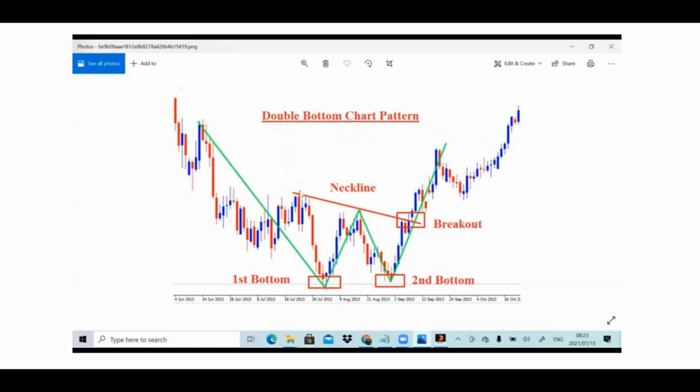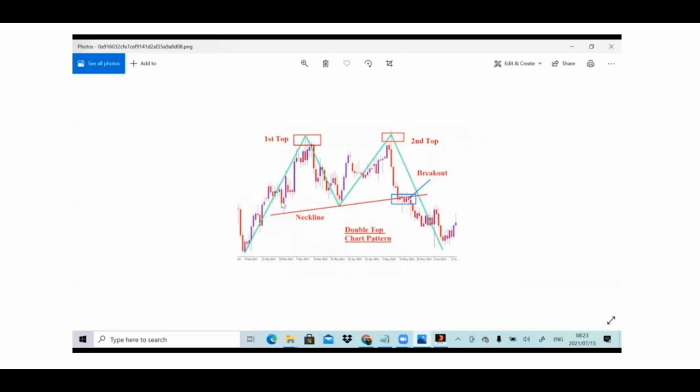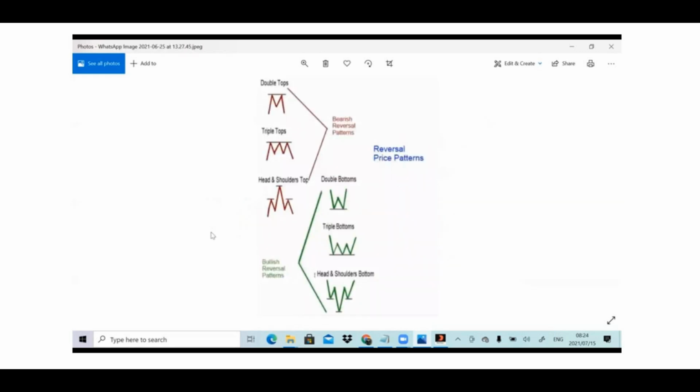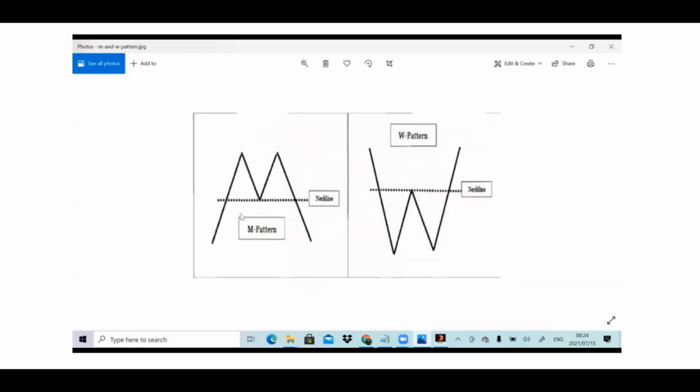But usually, look at the top, the nose, the neckline there. The top and the nose or the middle part, get the neckline. And sometimes they are symmetrical.